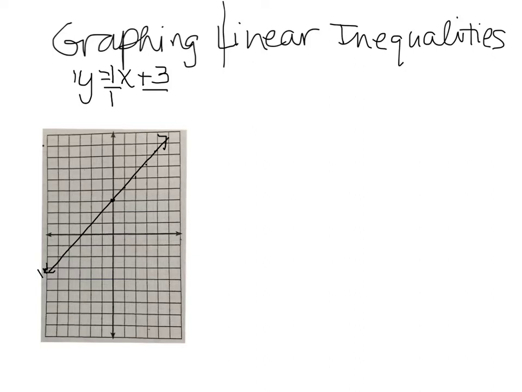So graphing linear inequalities means that we want to graph something like y is greater than or equal to x plus 3. We already know that this line is a picture or graph of all of the solutions of when y equals x plus 3.